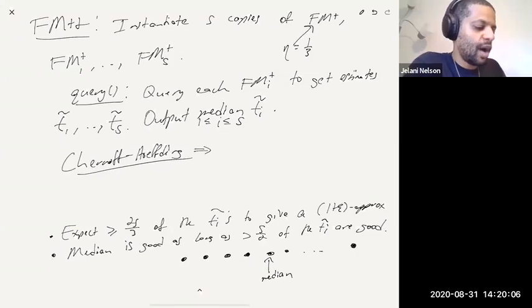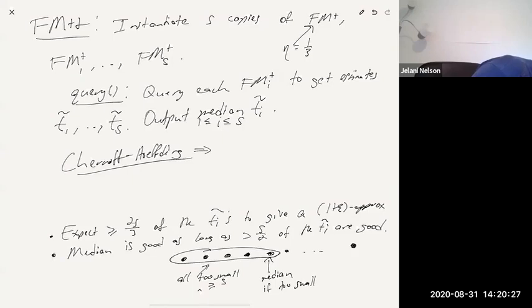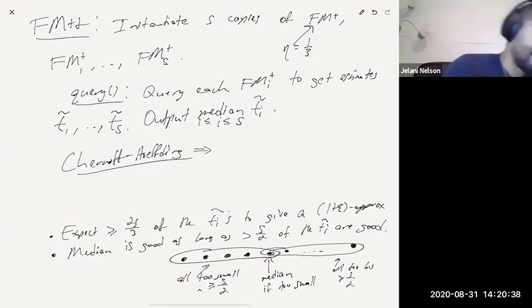Now, if the median is too small, then everything less than it also has to be too small, so all of these are too small, which is at least S over 2. Similarly, if it's too big, then all of these would be too big, which means that you have at least S over 2 that are too big.